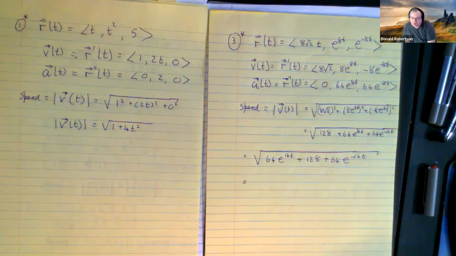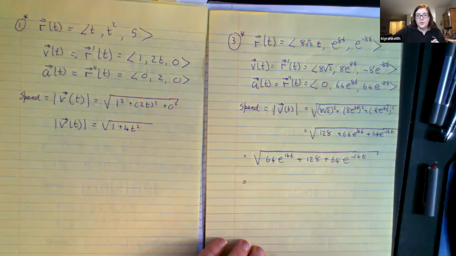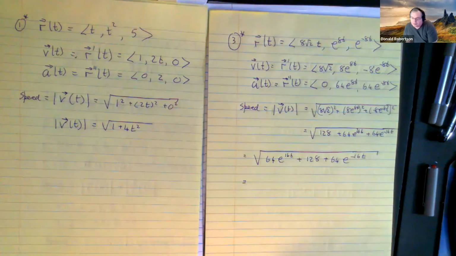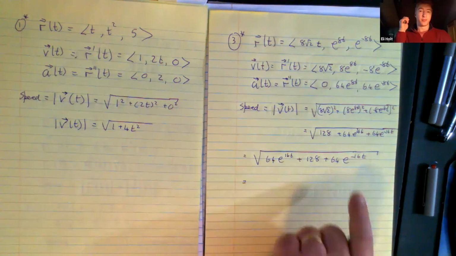Even a little thing will help. You can combine the e terms into just 64 e to the 1. If you were multiplying them, you might be able to do that, but not as an addition. Oh. Okay, but it's good. You're thinking. I like thinking. Anything else? Okay, let's do that.